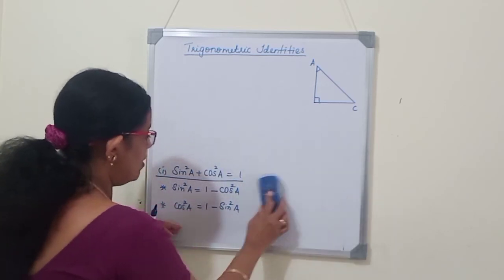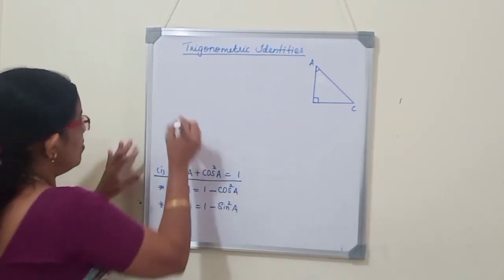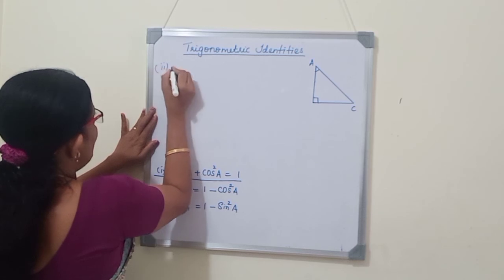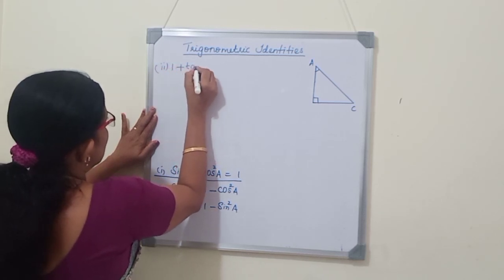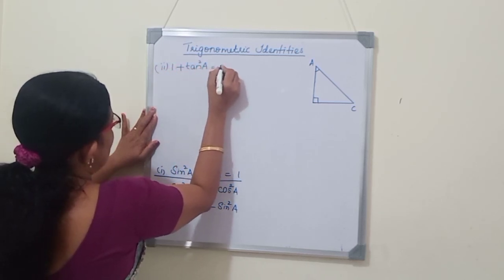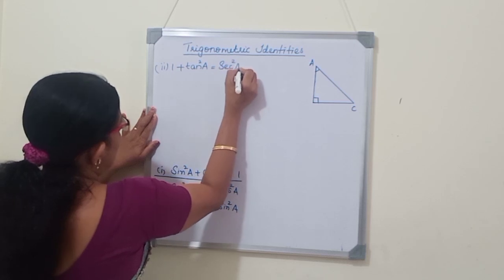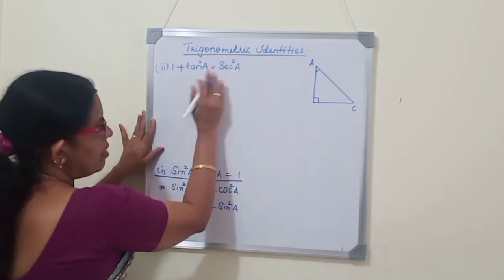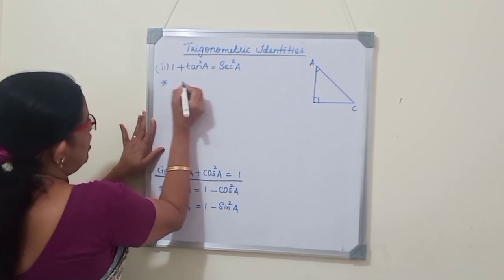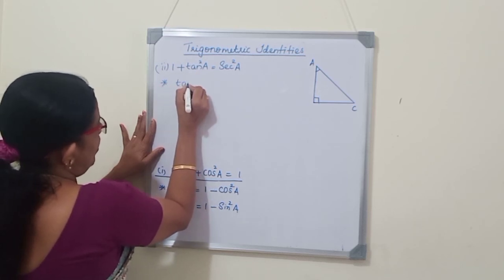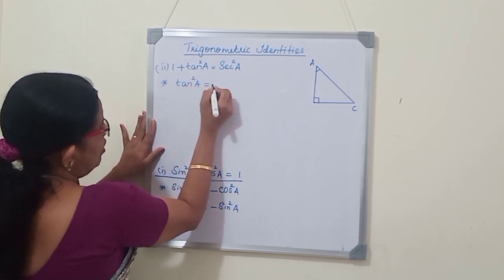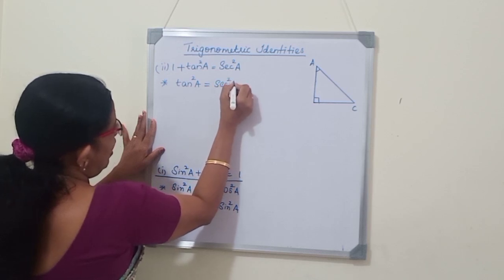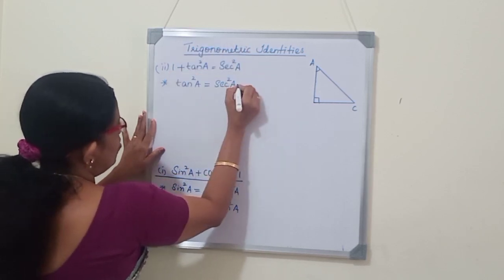Second identity is 1 plus tan square A is sec square A. So here is how we write two more formulas. The first formula: tan square A is equal to sec square A, taking 1 to the right side, minus 1.